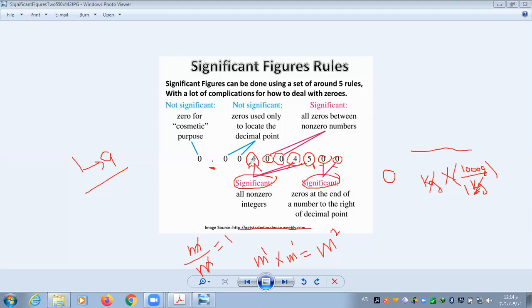At the left of this number, which is 4, we have zeros. But here we don't have anything. So these 3 zeros are not significant. So we are looking for the number from 1 to 9, and according to this, we judge. If we have zeros to the right, significant. If we have between, significant. But to the left without anything, not significant.